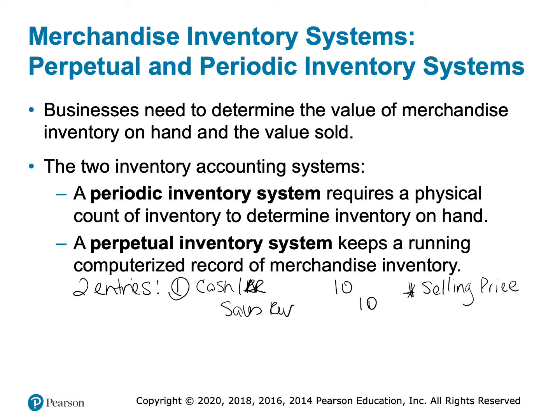Now, under a perpetual inventory system, we're going to do a second entry every time we sell a good because we want our inventory account to always be updated. So if I sold a t-shirt, that means I have one less t-shirt. So I need to decrease my inventory account. Now remember, inventory is an asset, and assets have a normal debit balance.